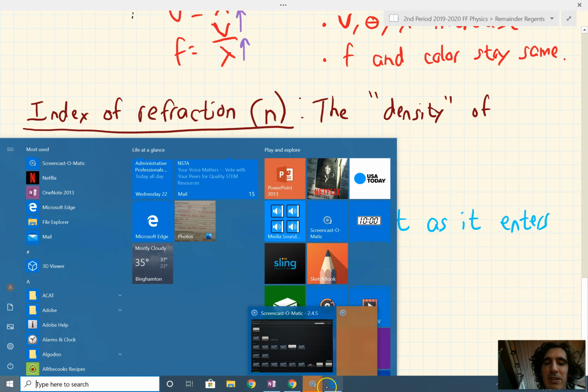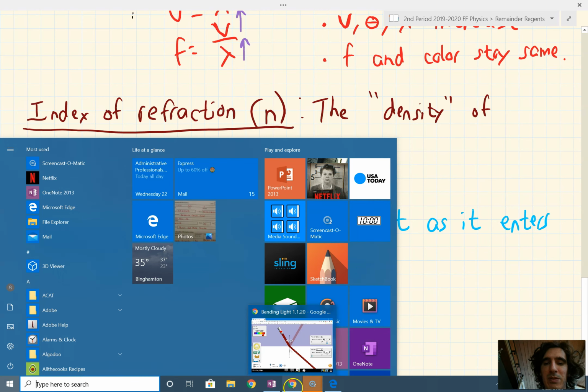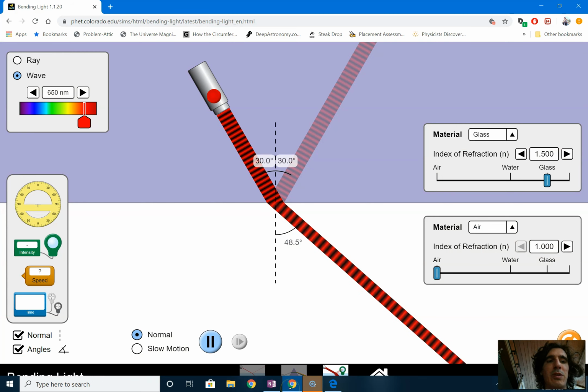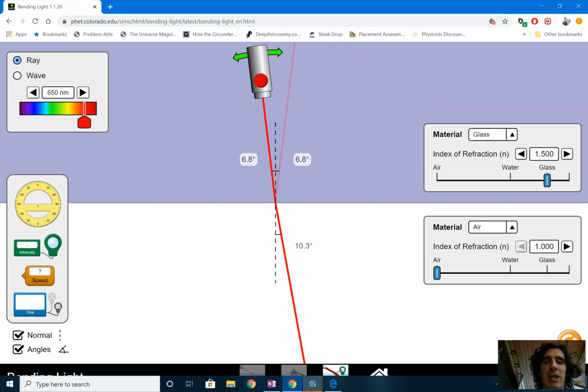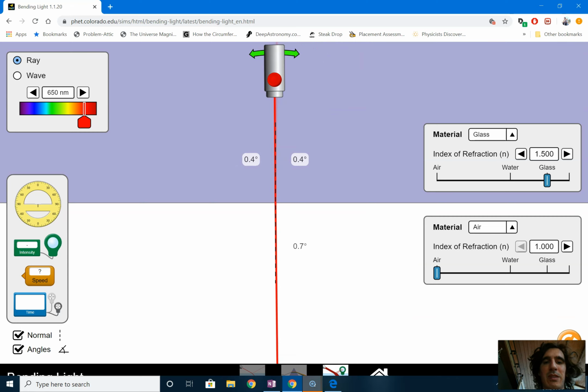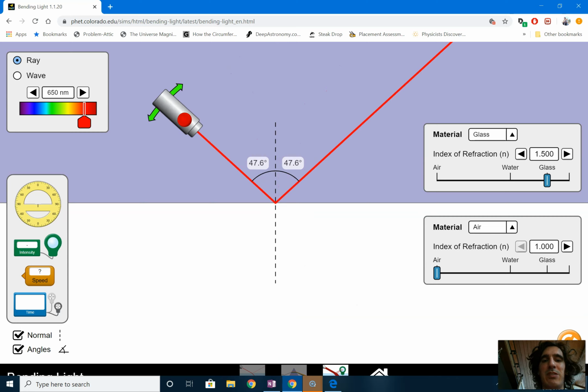So if we shine lights in a different medium at 90 degrees relative to the normal, so we're going to adjust this laser pointer, and when we shine at 90 degrees, or as close as we can get to it, we see that the light doesn't bend at all. So if it hits it head on, it's not going to bend. It has to be at some angle.